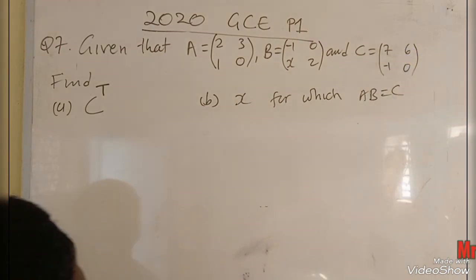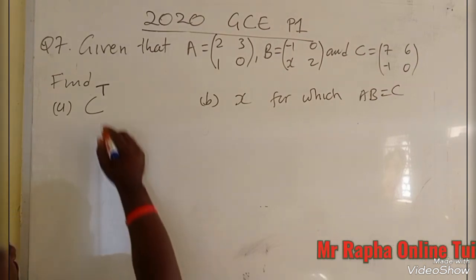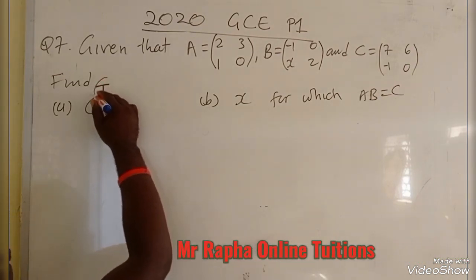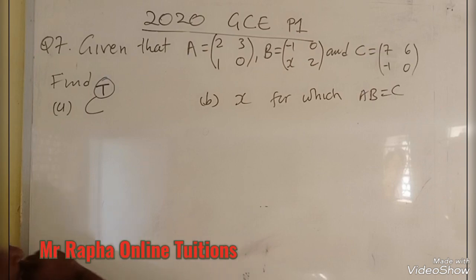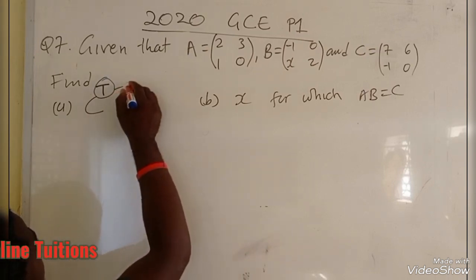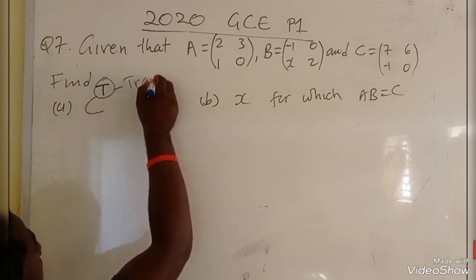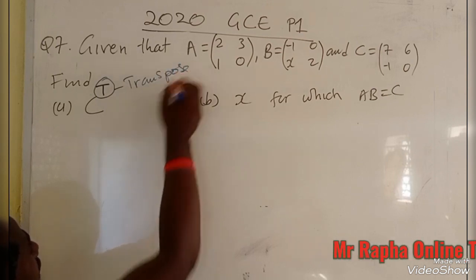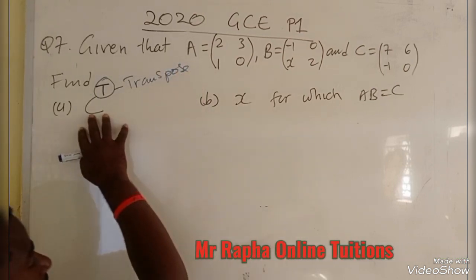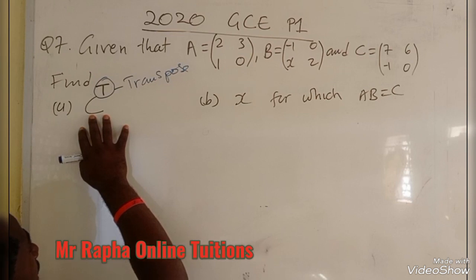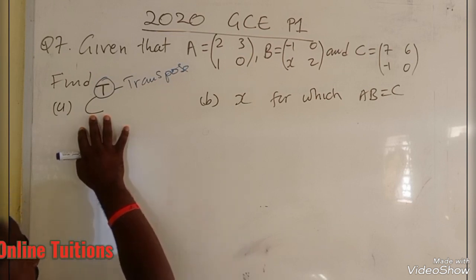Find C to the power T. This T means transpose. So we have the transpose of matrix C. Find the transpose of matrix C.